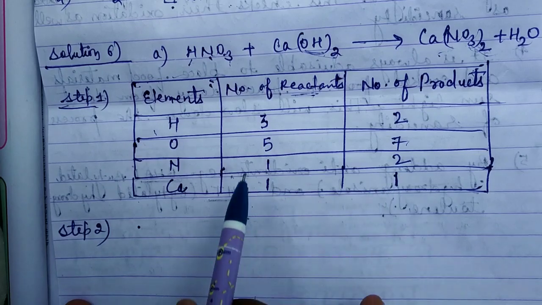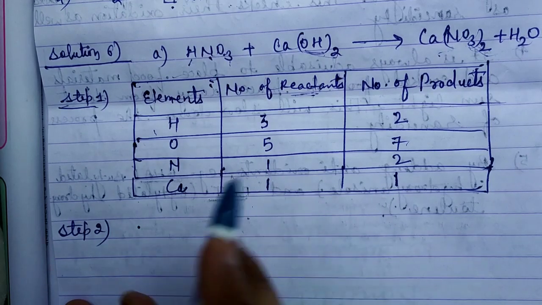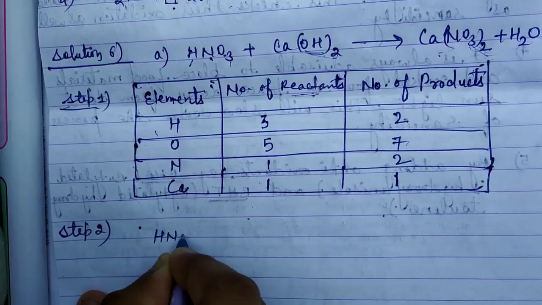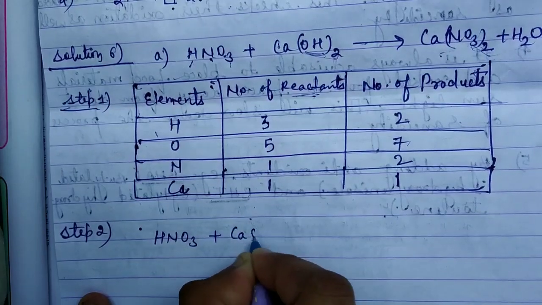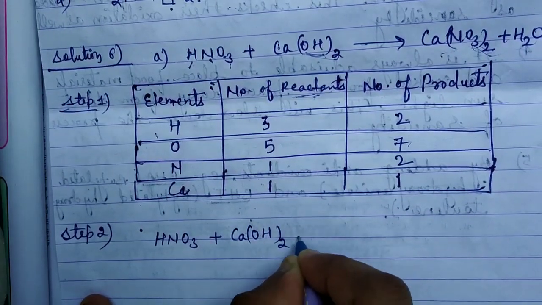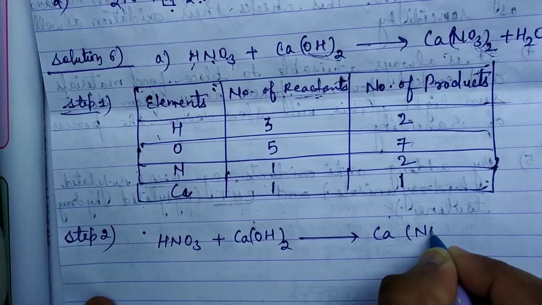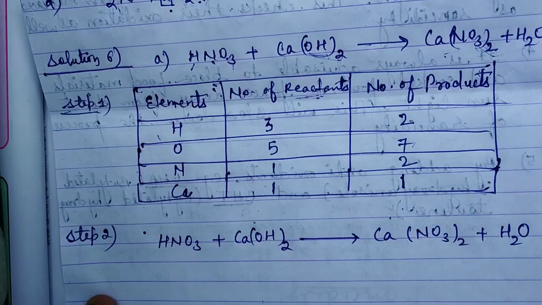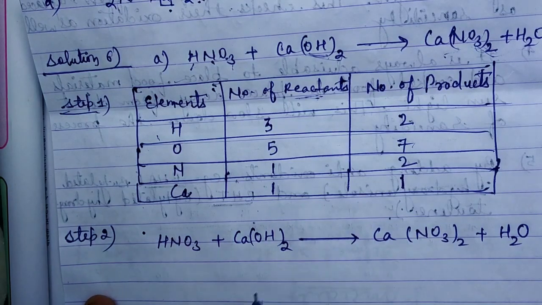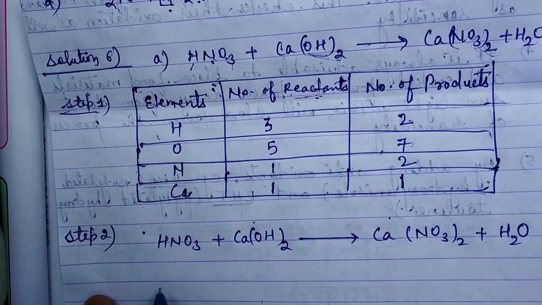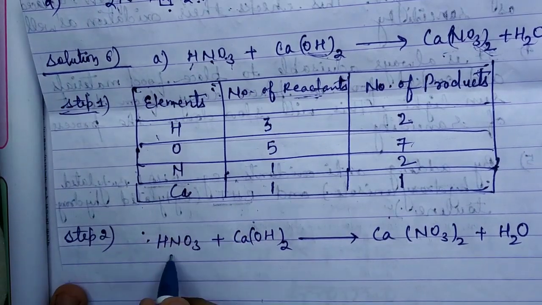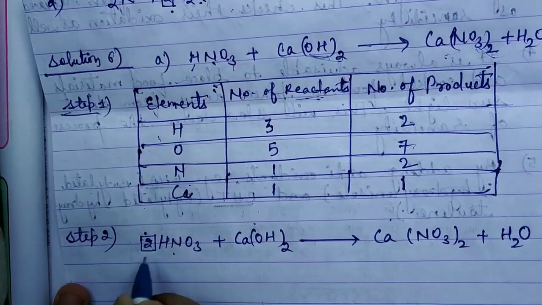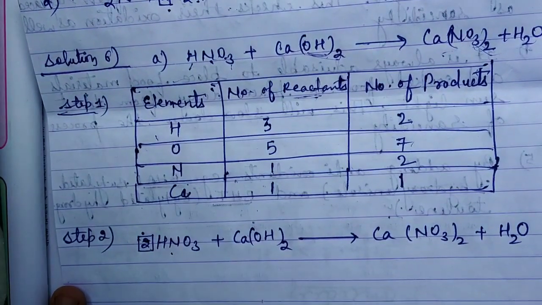Put coefficient 2 before HNO3. Firstly we will write this equation again: HNO3 plus Ca(OH)2 gives calcium nitrate plus water. On the product side, firstly put 2. Here nitrogen is 1 and there it is 2, so first we made the nitrogen 2. After making it 2, we will see what changes.